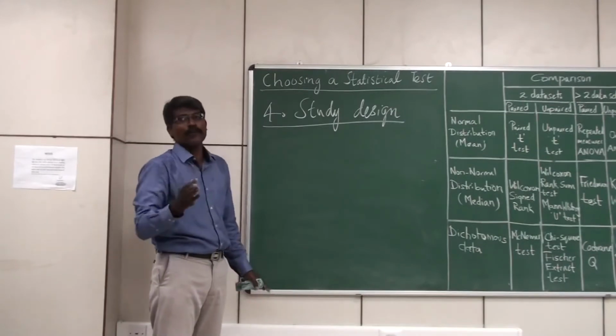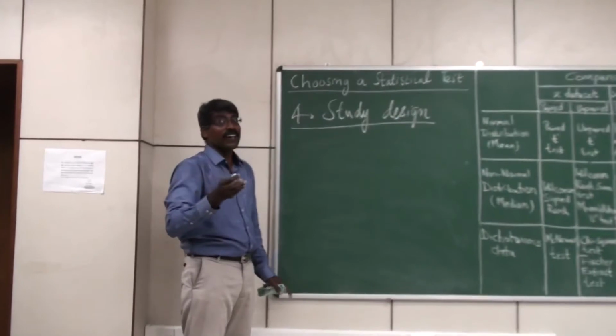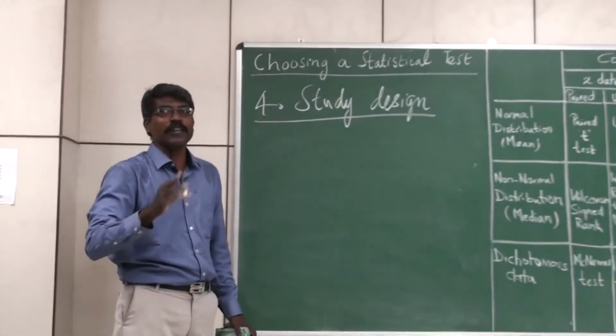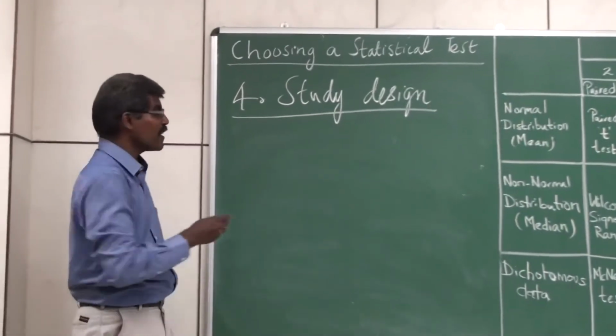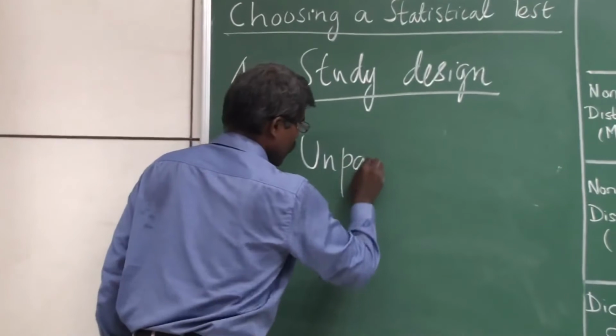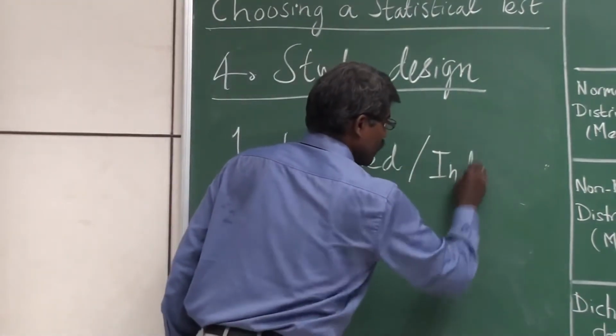There are various study designs: cross-sectional, case control, cohort, RCT. In terms of statistics, by study design we mean there are only 2 types. Please remember that. The first one is called unpaired, or some people call it independent.